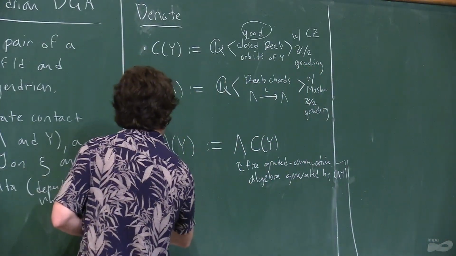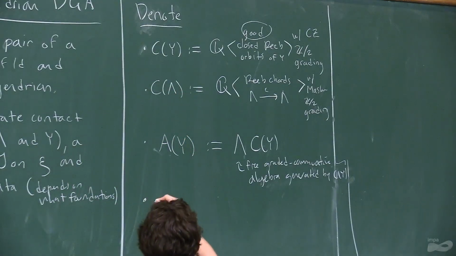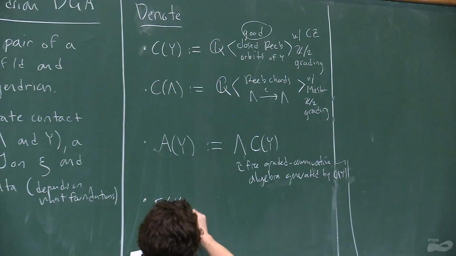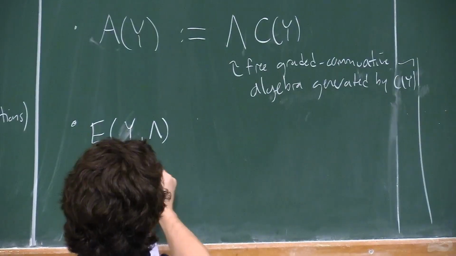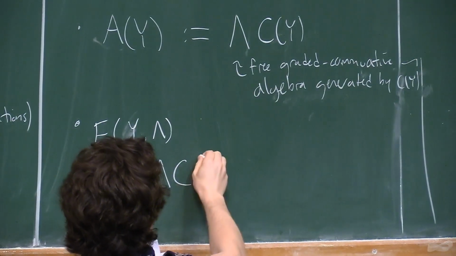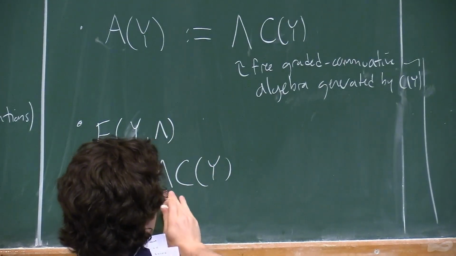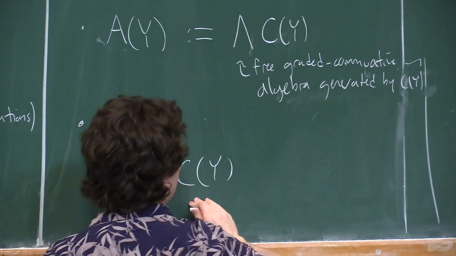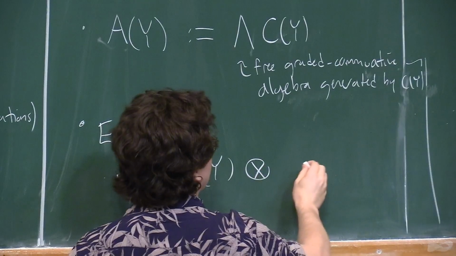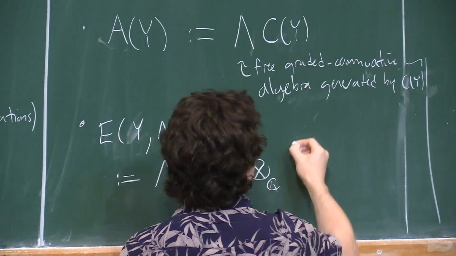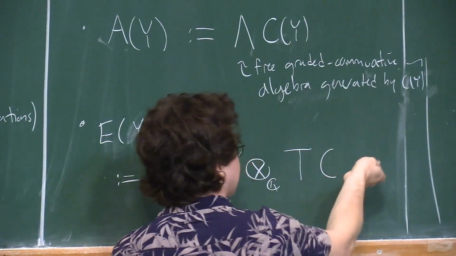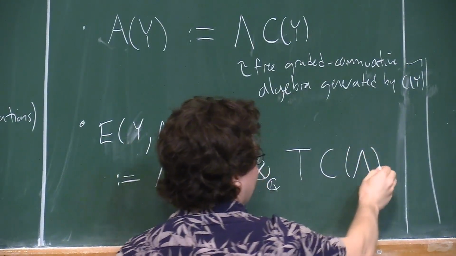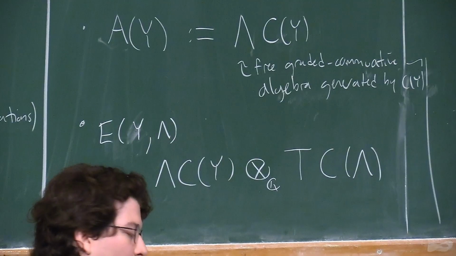And then I can also associate a non-commutative extension of this, which is A of y, or this graded symmetric algebra of C of y tensored over Q with the free tensor algebra. In other words, the free associative algebra generated by the chord part of the chord vector space.